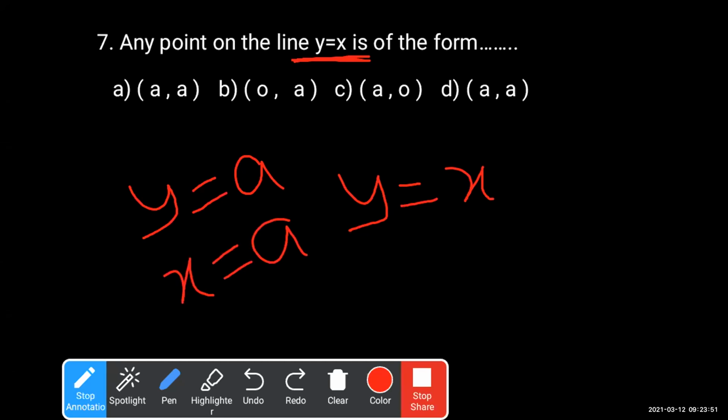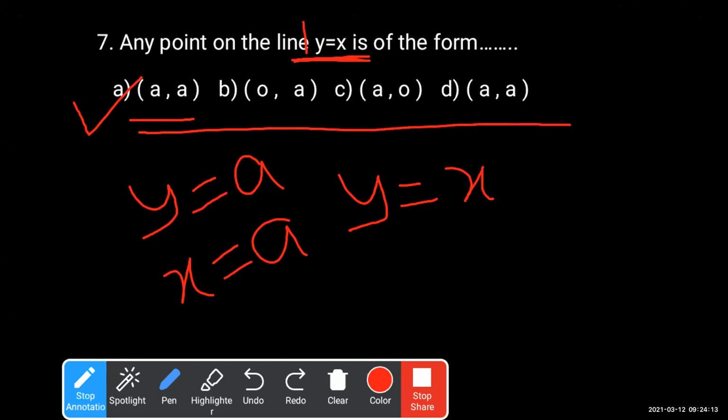So the correct option, I think, is the first option. The correct option will be A comma A. Why? Because here they have given the condition that y is equal to x. That means the coordinates of y and x have to be the same.